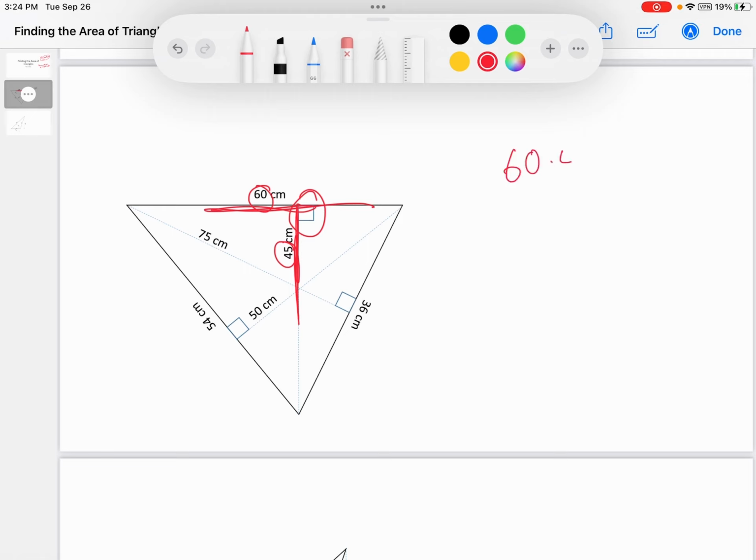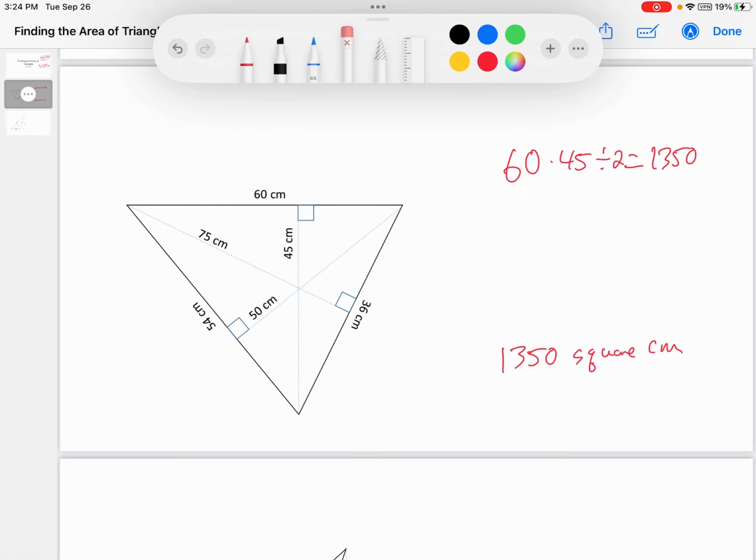So we will do 60 times 45 and divide by 2 because it is a triangle. 60 times 45 divided by 2 is equal to 1,350. So the area of this triangle is 1,350 square centimeters.